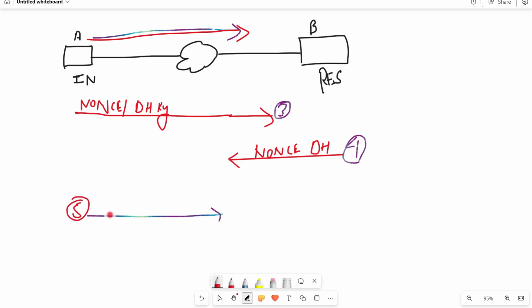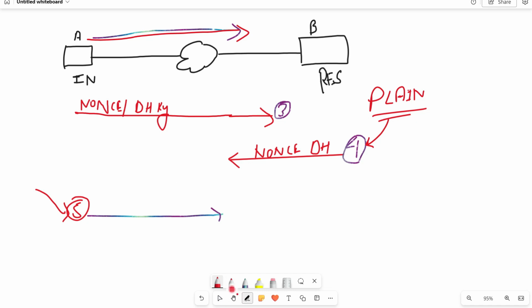Up to this packet, it was plain text communication. Plain text means encryption was not there till the fourth packet. From this packet, encryption will start. Why will the encryption start?